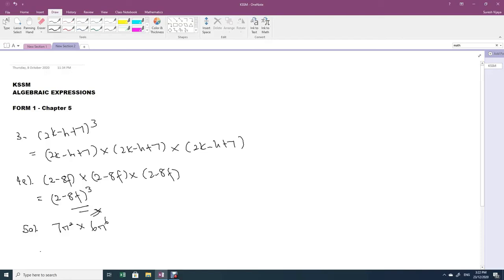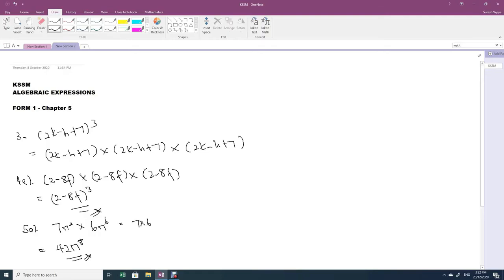This is an algebraic expression that involves multiplication. What we do is multiply 7 times 6, we get 42. So n will be n to the power of 2 plus 6, and 2 plus 6 will be 8.